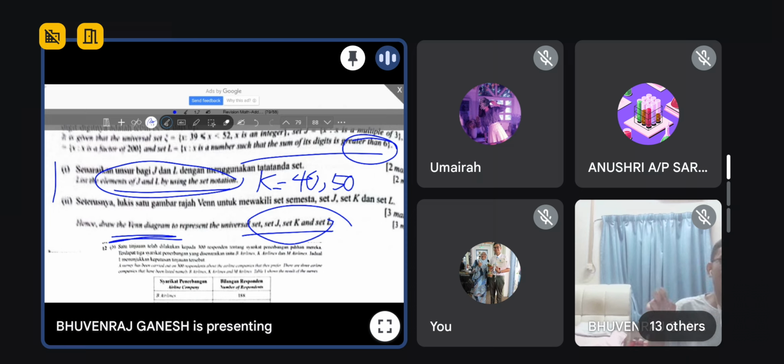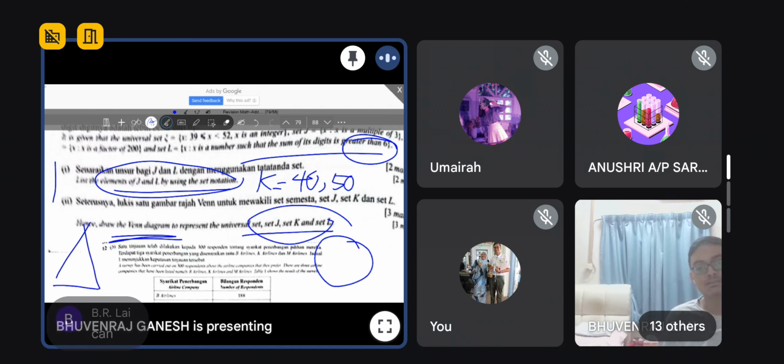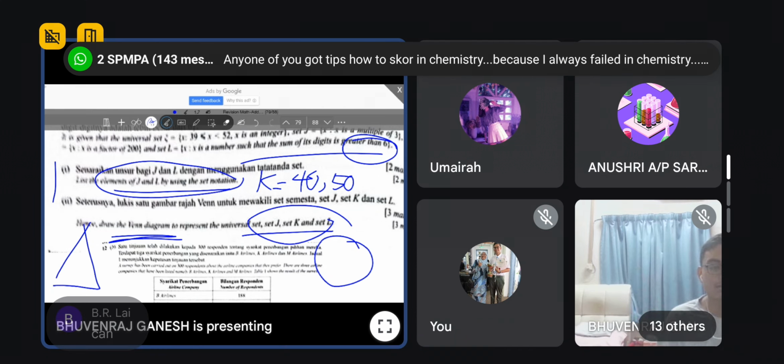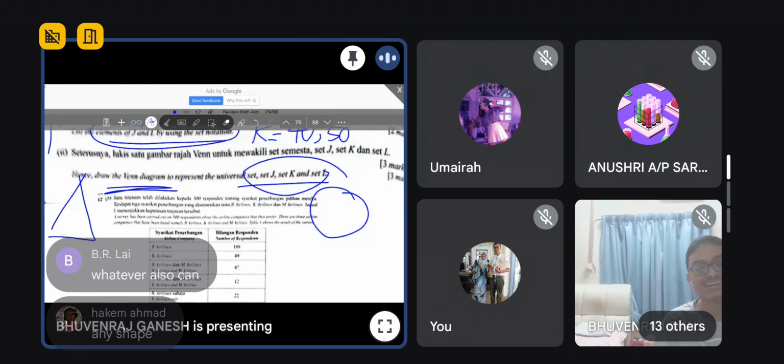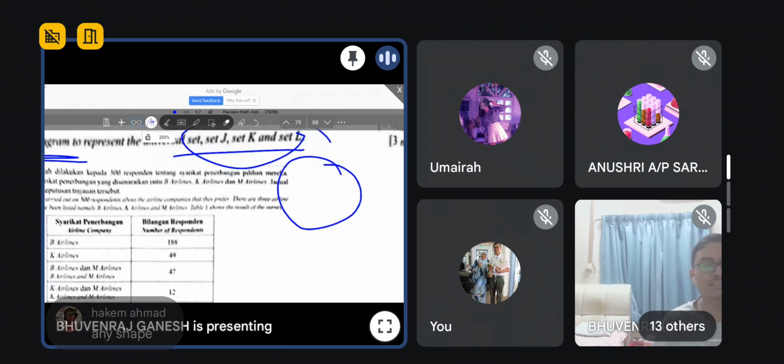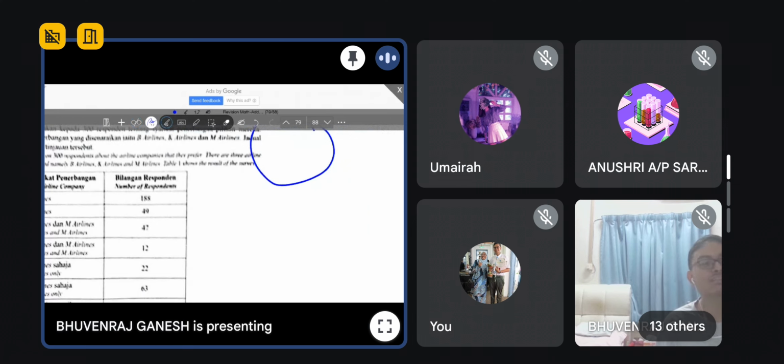Okay, guys, one more thing. Since you mentioned this, you can use circle to draw your Venn diagram. Can I use triangle, guys, untuk lukis Venn diagram? Can I use the triangle shape? Okay, very good. Can. Whatever also can. Okay, guys, my very famous joke. Whenever I teach this chapter, Venn diagram, can I use this shape or not?